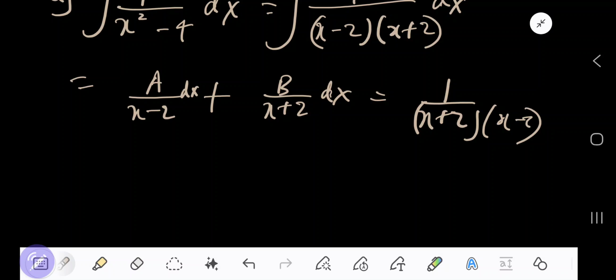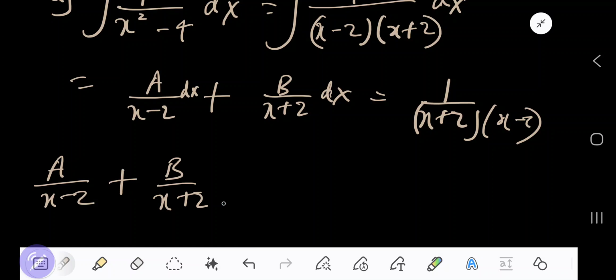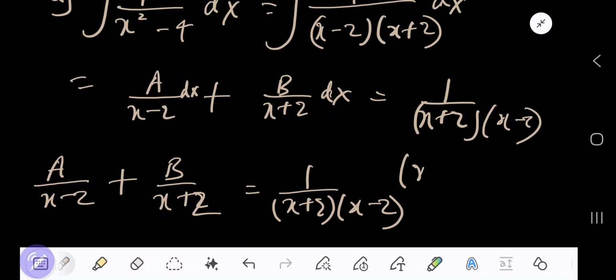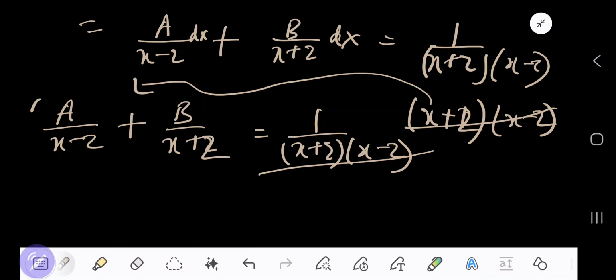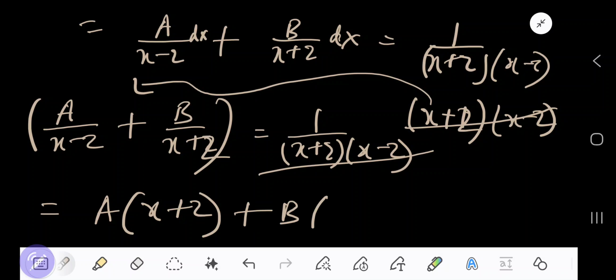So once you remove them, let me just rewrite here: a divided by x minus 2 plus b divided by x plus 2 equals 1 divided by x plus 2 times x minus 2. You multiply both sides by x plus 2 times x minus 2. So this whole thing cancels, and you'll have a times x plus 2 plus b times x minus 2 equal to 1.